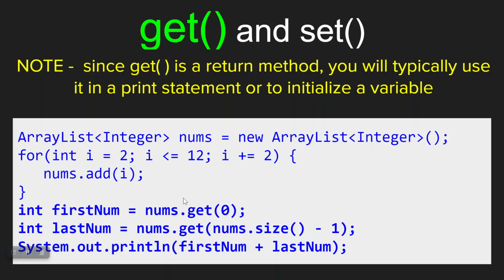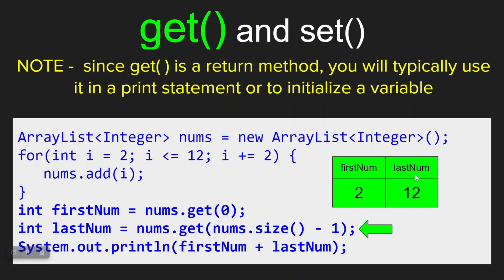So we're going to add 2 plus 12, and we're going to go ahead and print. Oh, sorry. I've got a little animation in here for you. So again, firstNum is going to be set to 2. That's my variable holding the value of 2. lastNum is another variable holding the value of 12. And again, now we are printing both of them added together. So we're going to see the number 14 up here on the console.